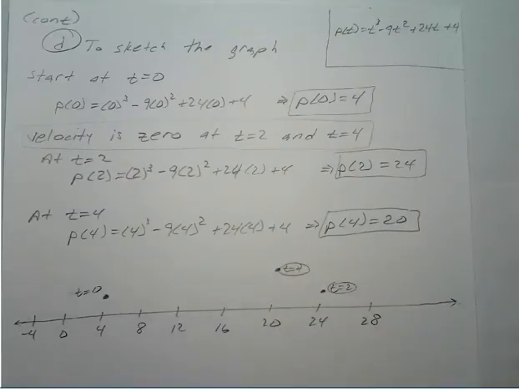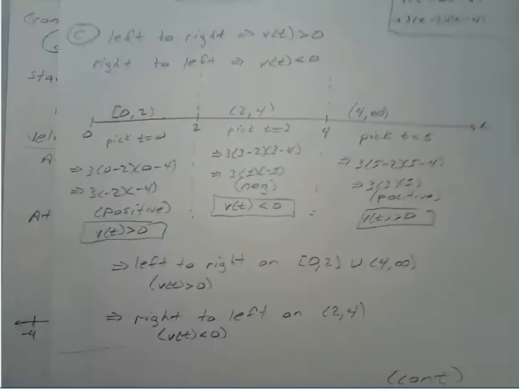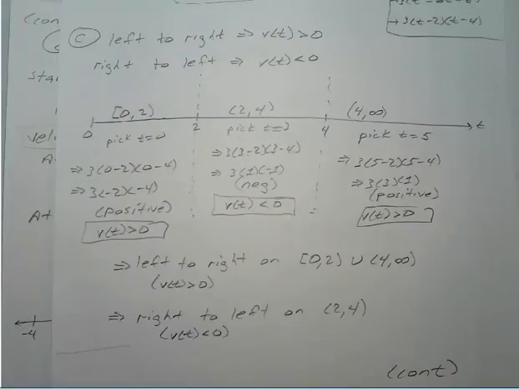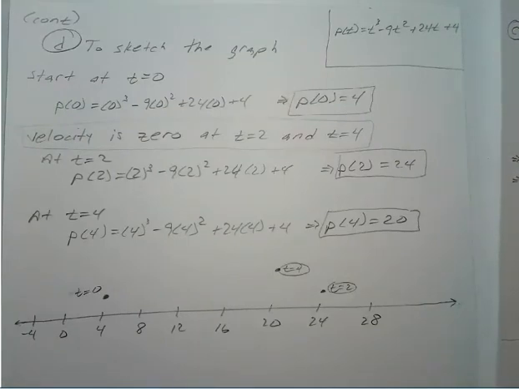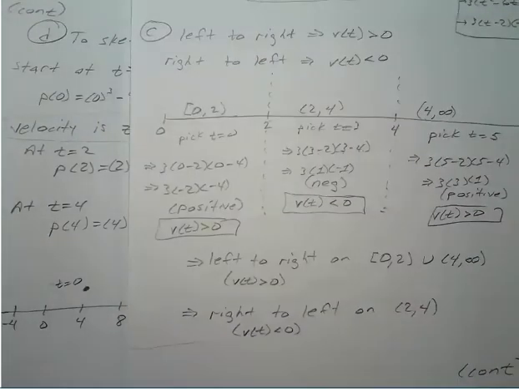Now, going back to our previous page, I'm going to cover this up for a second. We see the intervals that are going left to right and right to left. On that page, you're going right to left between 0 and 2, and 4 to infinity.